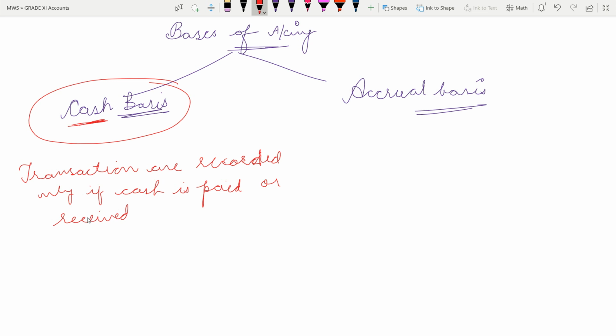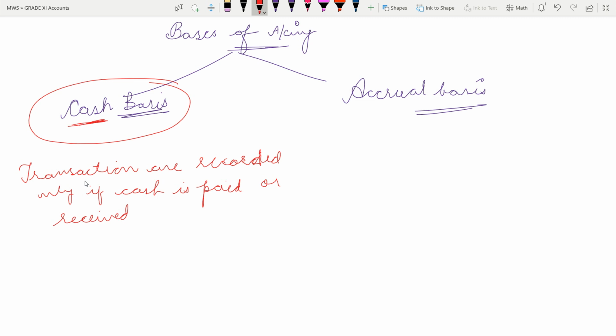Very simple. Means all those transactions we have to record in which cash is paid or we have received. If a transaction is based on cash basis, then only we are going to record that. Otherwise, there is no place for those transactions in which there is no cash transaction.